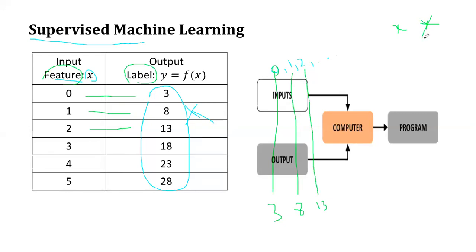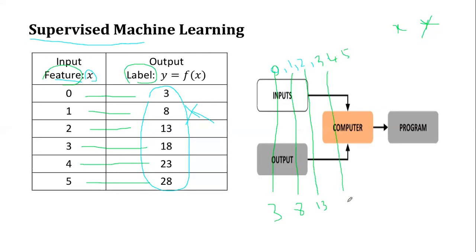We can't supervise the computer with that. With only x, the computer has to find some relationship or pattern by looking at x alone. But here we can supervise the fellow, up to whatever numbers, 3, 4, 5.